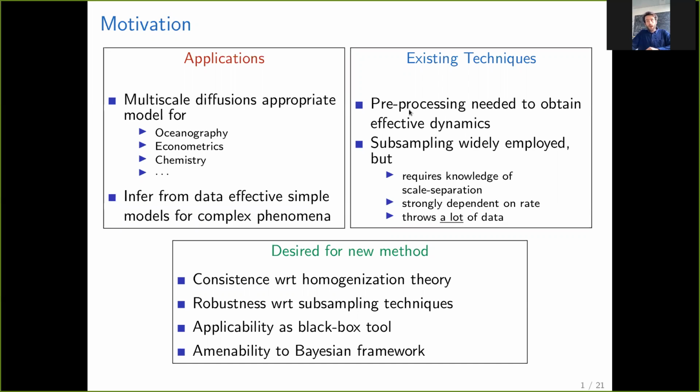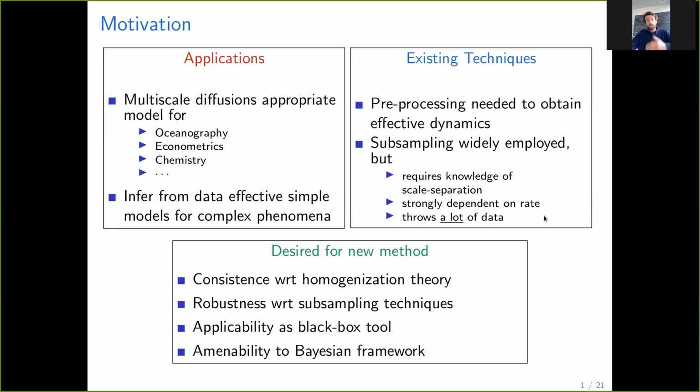This subsampling is widely employed and has proved to be very effective in lots of scenarios, but there are some downsides of it. First of all, most of the times you need to know the scale separation. So you need to know how much faster the fast dynamics is with respect to the slow dynamics, which is something you don't always know.